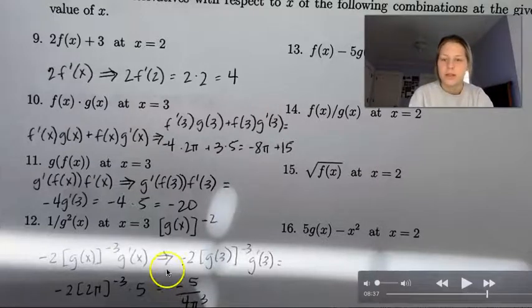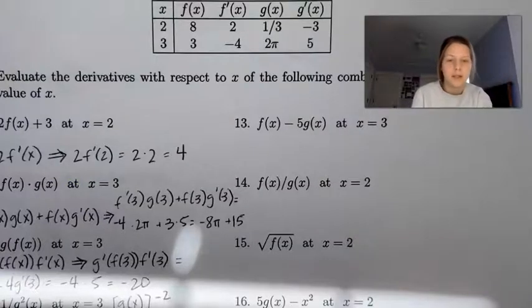For this one, you couldn't really see the table, so it was hard for me to explain how we got all of these answers. But g of 3 is equal to 2 pi, and g prime of 3 is 5. We got those values from the table above, so you would reference that to get those answers.